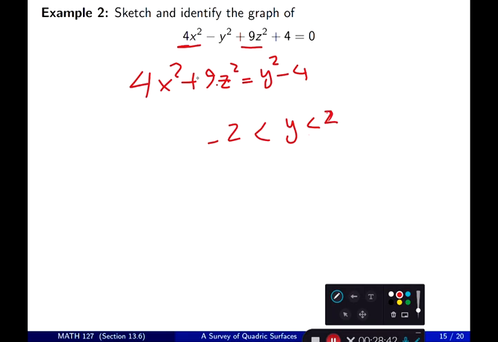And then I realize that there are cross sections that are ellipses, therefore this should be one of those hyperboloids of two sheets.